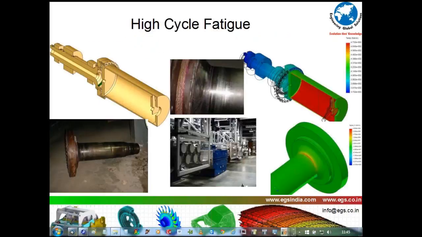This is a very classic case where it's a German equipment which was supplied to a petrochemical major, and the warranty period that was given was 12 years. Components started failing after 5 years. These are, mind you, very large shafts used in the textile units for making polyester yarns.